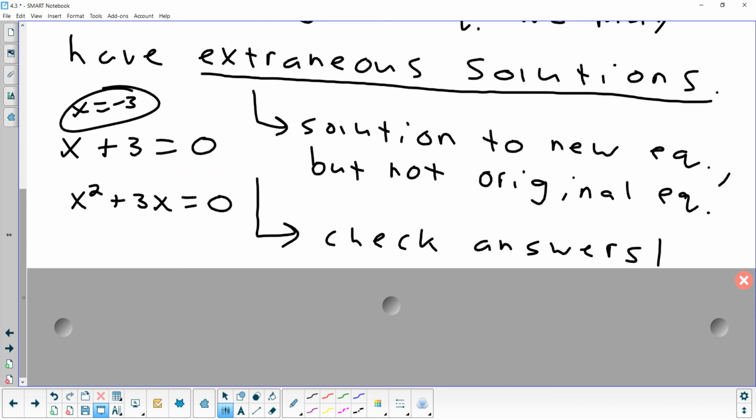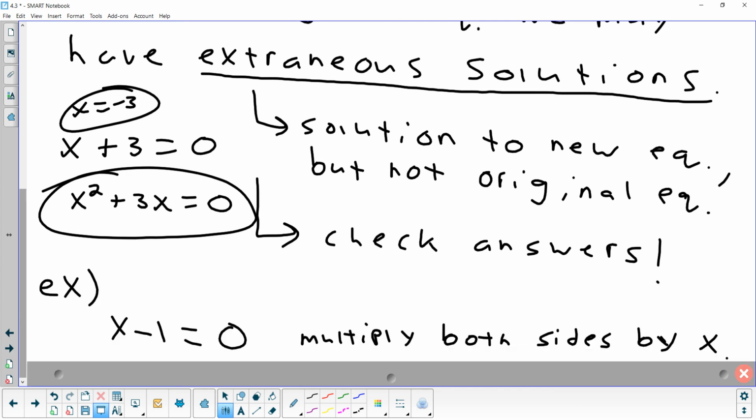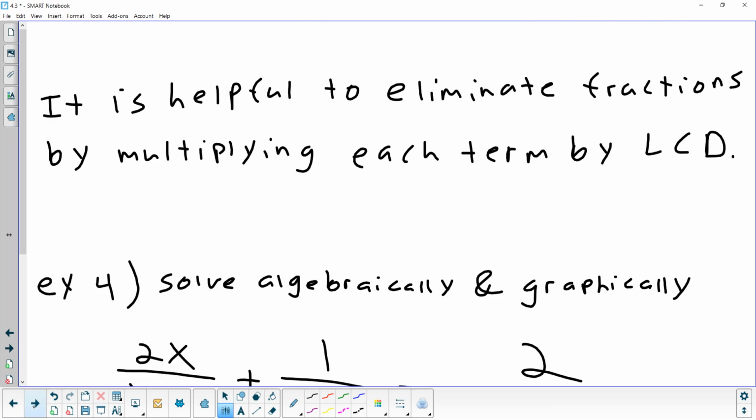Does 0 work in the original? No. So you created an extra answer in this equation. Even though you multiplied everything by the same thing, it was a variable. So 0 would be considered an extraneous solution to this problem. This is the same example, I just picked a different number to illustrate the idea of an extraneous solution.